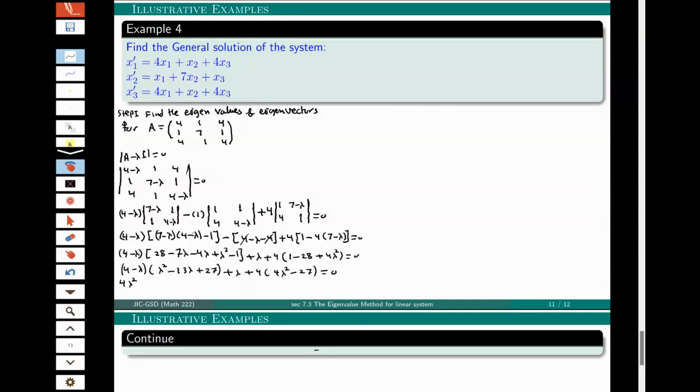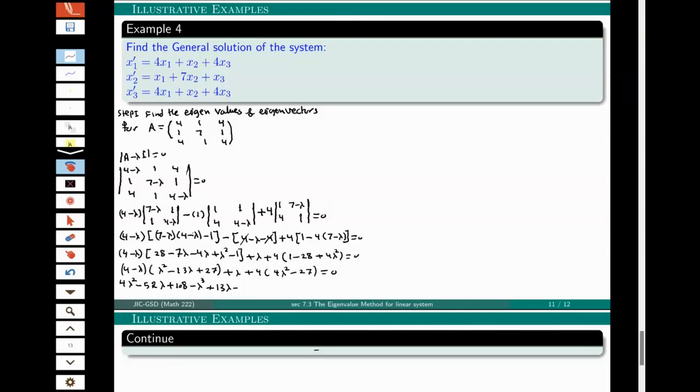Okay, so I'm expanding. 4 times lambda squared is 4 lambda squared, then 4 times minus 13, that's minus 52 lambda, and 4 times 27, it's 108, then minus lambda cubed, which is minus lambda times lambda squared, plus 13 lambda.